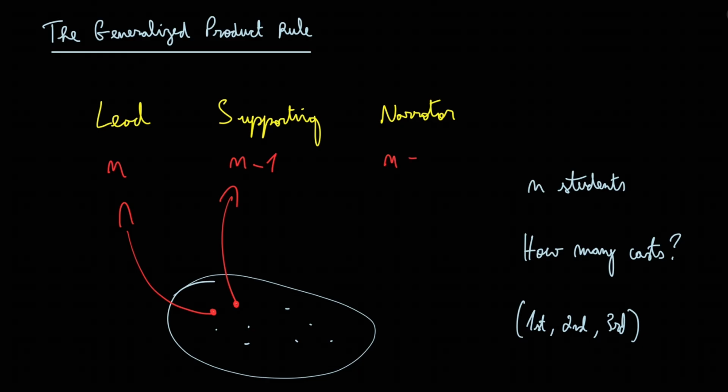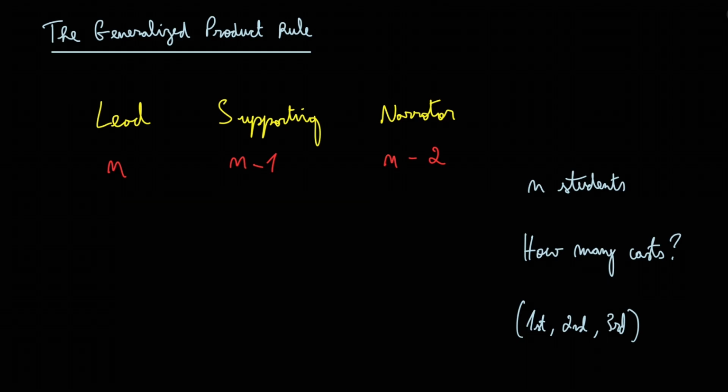We now have n-2 choices. And finally, this person also gets chosen. And now we multiply these numbers. The total number of casts that are possible is n times n-1 times n-2.